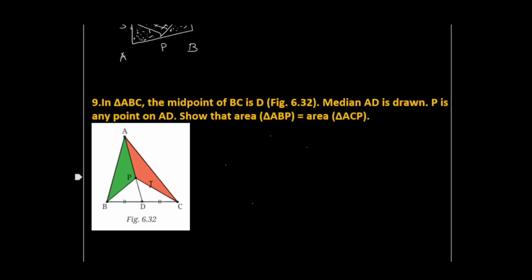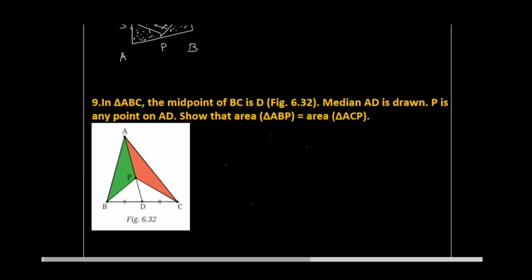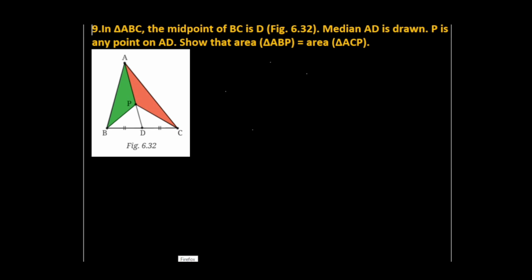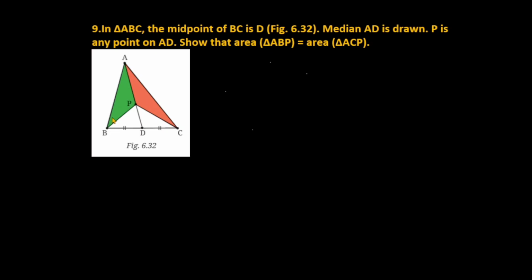Ninth question. In a triangle ABC, the midpoint of BC is D. So you can see in the diagram, the midpoint D is the midpoint of BC, median AD is drawn, P is any point on AD, so that area of APB, in green color, is equal to area of ACB, in pink color.